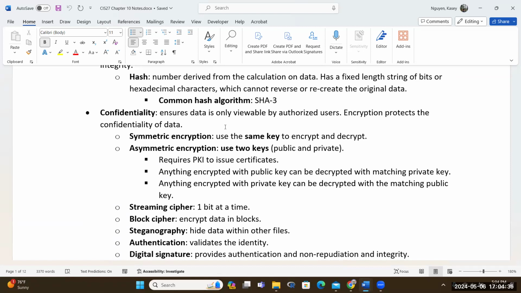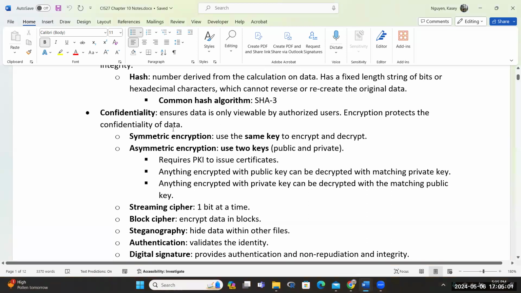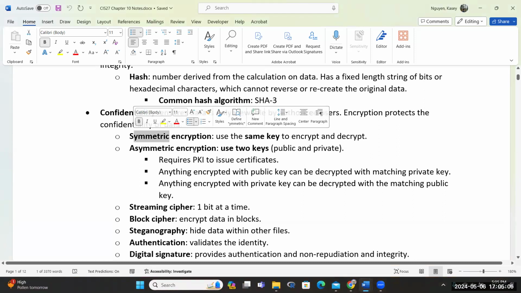So if I need you to enter my house, I have to find a way to pass that key to you, so that way you can unlock the door and enter the house, correct? So when we decrypt, it's the same thing. If you're using symmetric key, the exchange process is very important because the key can get intercepted or duplicated and be able to unlock. So symmetric means that it's identical. So you're using the same key.